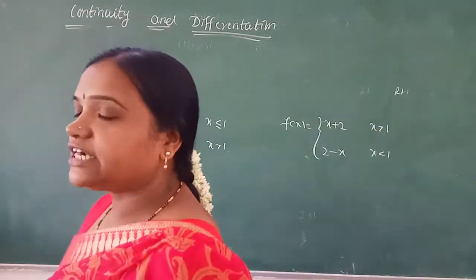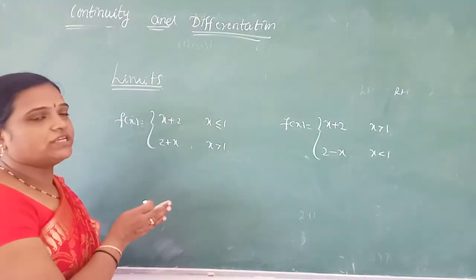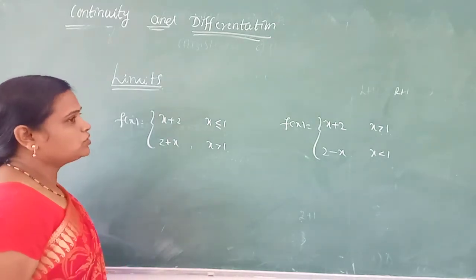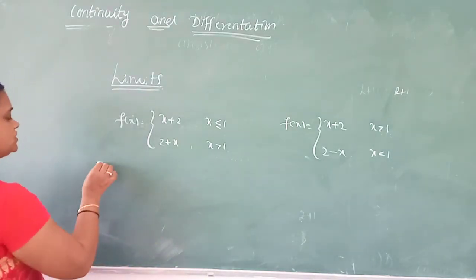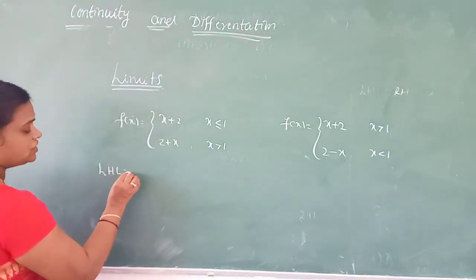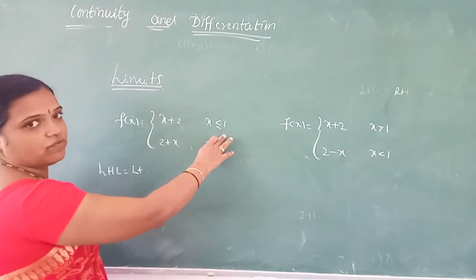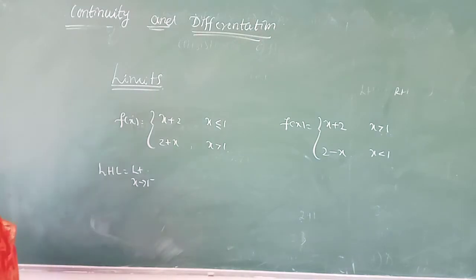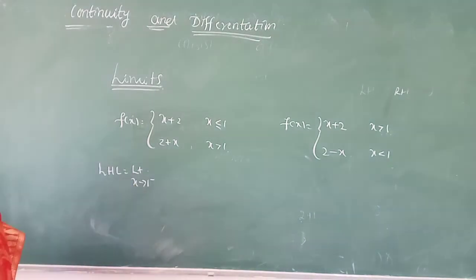For the left hand limit, we always consider values less than the given value. Right hand limit means more than the given value. First, the left hand limit, LHL, for the given value 1. We write limit as x tends to 1 minus, which means less than 1.